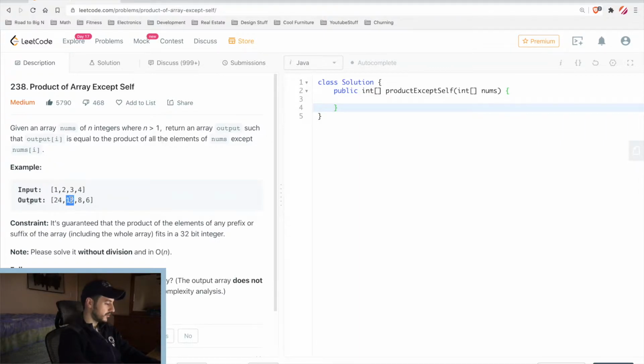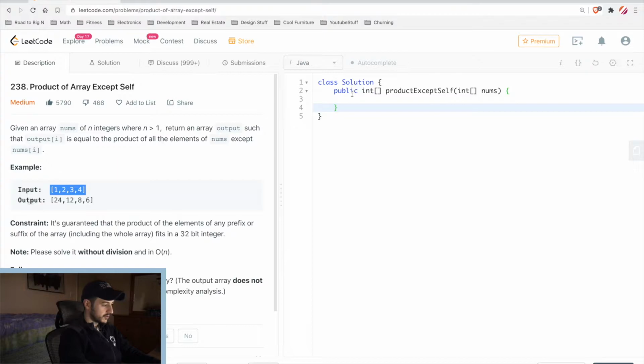Same thing here for 12, we're taking 1 times 3 times 4 and excluding 2 because we're at the first spot index in the array. And then for index equal to 2, we're taking 1 times 2 times 4, getting 8. And then for 6, we take 1 times 2 times 3, and then we exclude 4, we get 6.